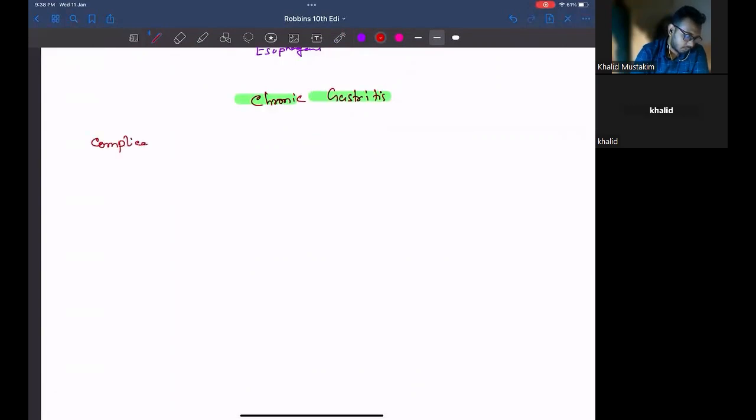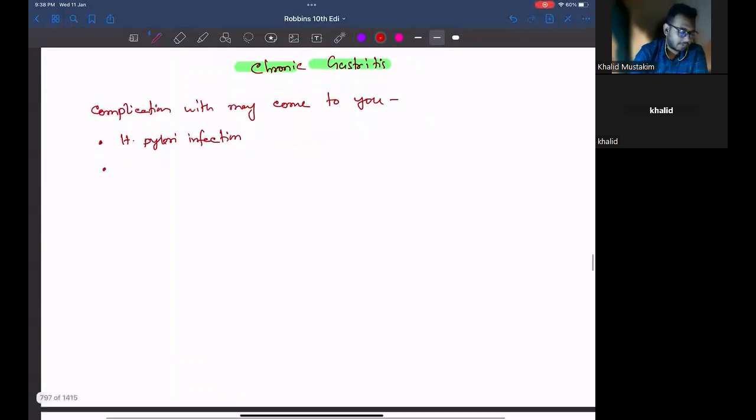A patient may come to you with some complications that are actually causing the chronic gastritis. The very first and very important one is H. pylori infection. H. pylori means Helicobacter pylori infection.